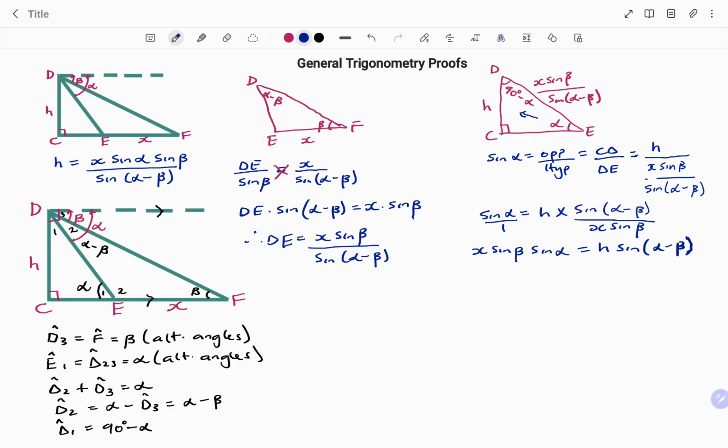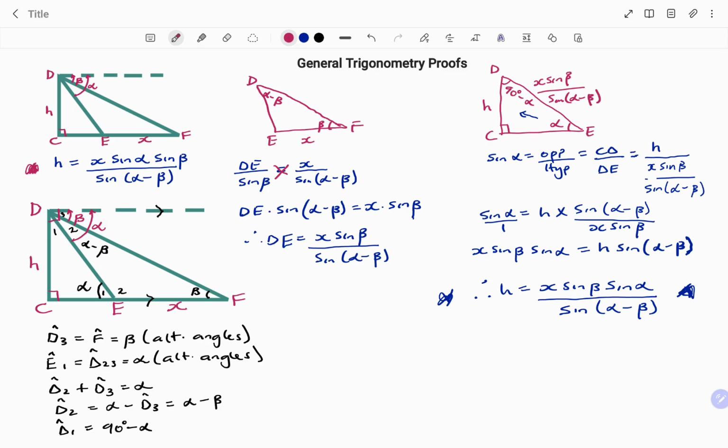Therefore, dividing both sides by sine alpha minus beta, we have our h to be equals to x sine beta sine alpha divided by sine alpha minus beta, which is back to what the original question says, to show that h equals x sine alpha sine beta over sine alpha minus beta.